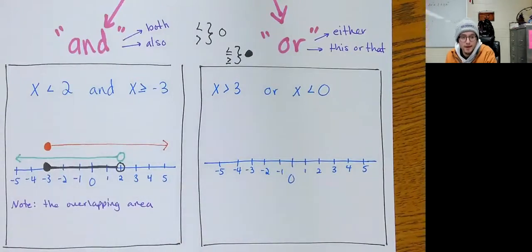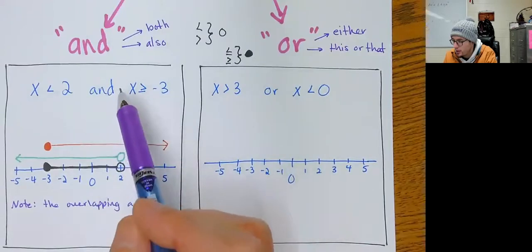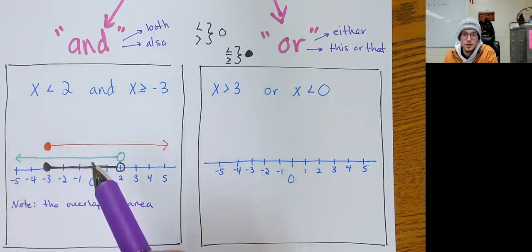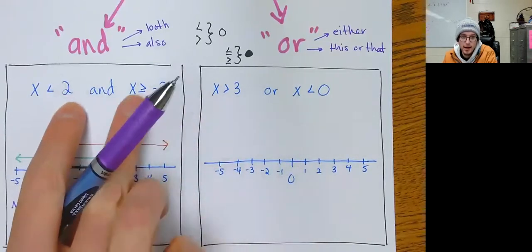There's one other special thing about a compound inequality that uses the word "and": we can write it in a simpler way. We can take these two separate inequalities and combine them.